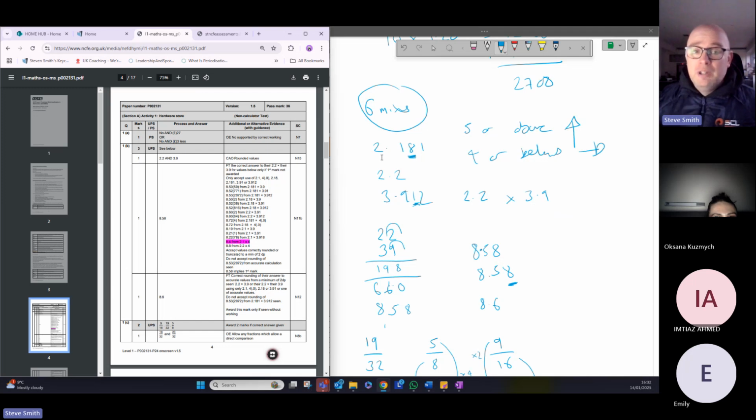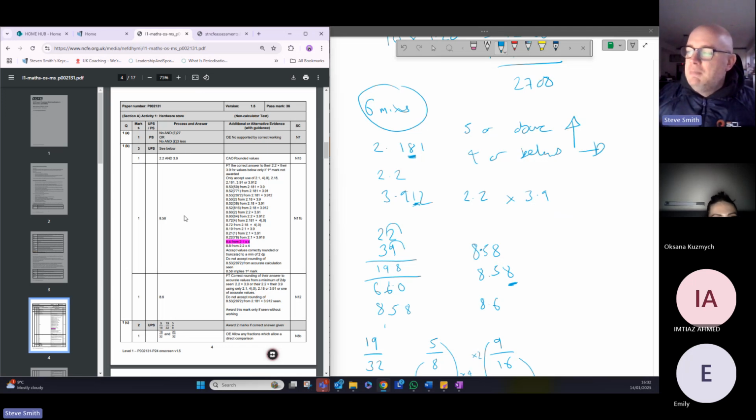If you got to that point, you thought, I'm not very good at multiplying decimals, I don't know what I'm doing, and you didn't do it, or you made a mistake, you've got 1 mark because you started the process. If you did your process and you got 8.58, but you didn't round it because you didn't look back at the question, again, you've got yourself 2 marks. But I think, oh my God, you've missed an easy mark, because all you have to do is round it up again.